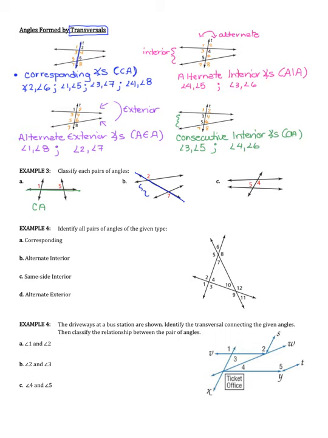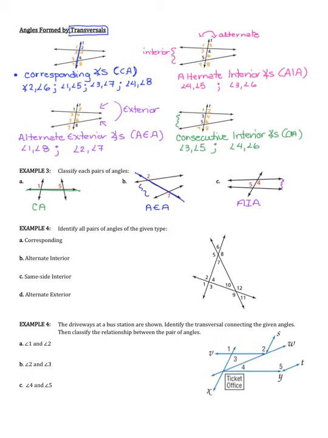So my angles are on alternate sides of the transversal and exterior. That makes them alternate exterior angles. And lastly, we notice that we have two angles that are interior and on alternating sides. So we call those ones alternate interior angles.